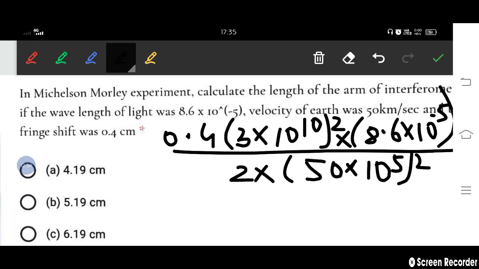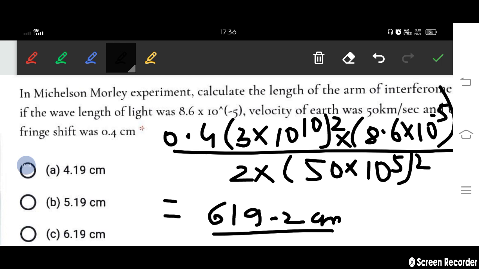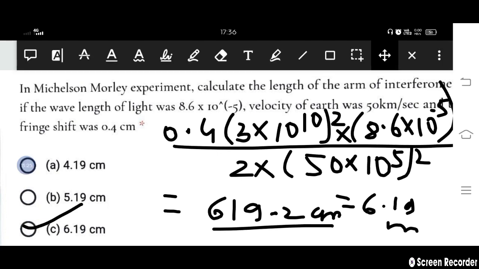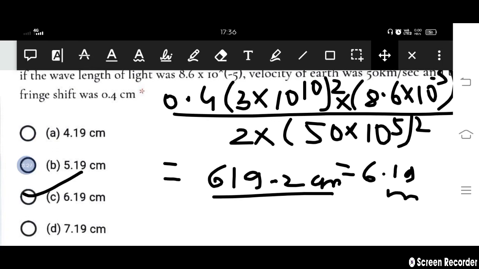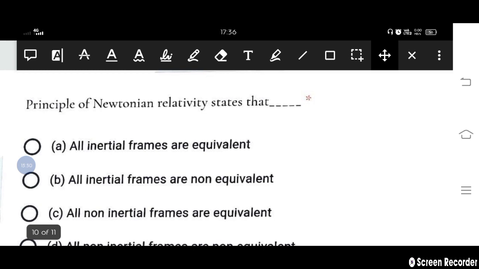So after evaluating it, we will get 619.2 centimeter, right? So if we express this value in terms of meter, then it will imply 6.19 meter. So here our correct option will be option C. Now moving to our next question.